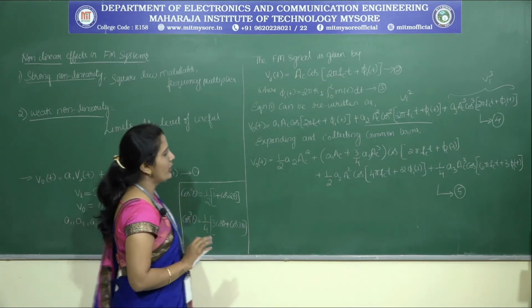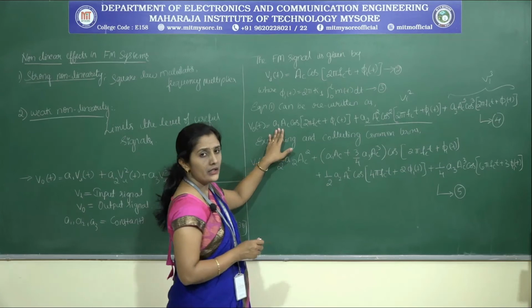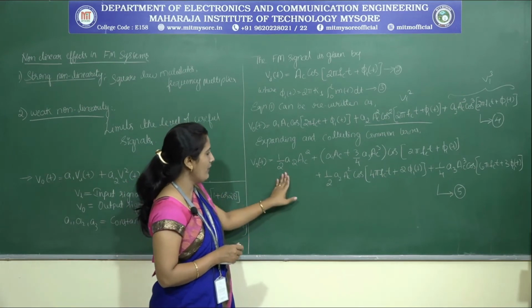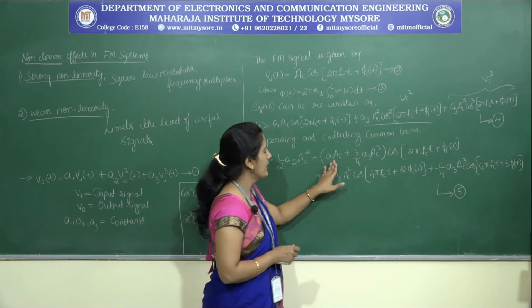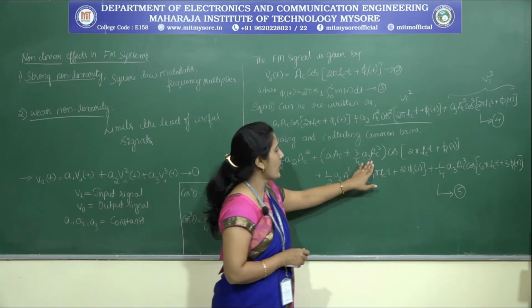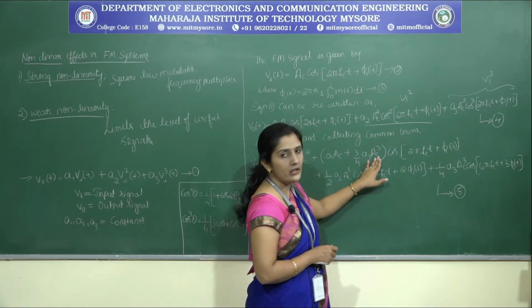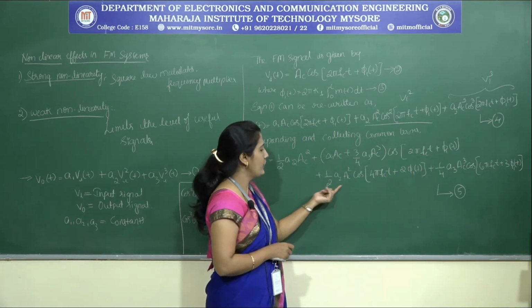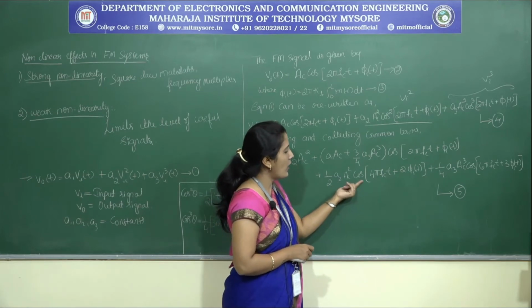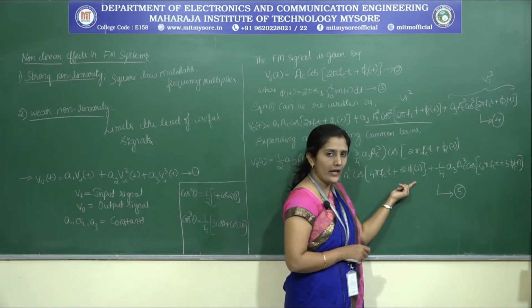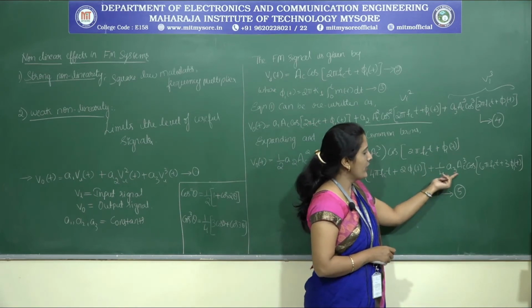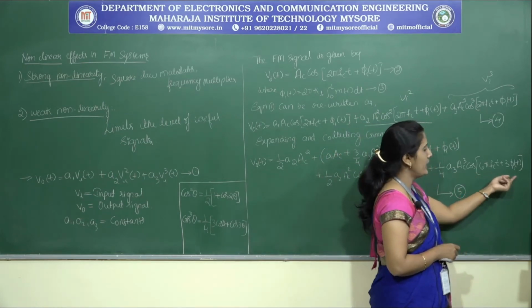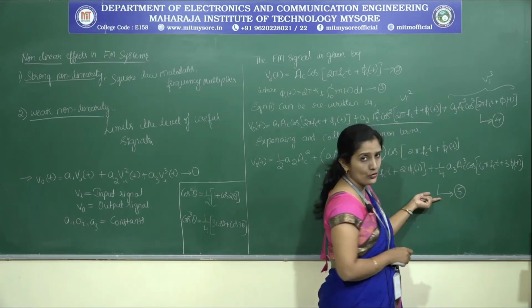Considering these two formulas and putting them in the equation for V naught of t, we get the last equation: V naught of t is equal to half A2 AC square plus A1 AC plus 3 by 4 A3 AC cube into cos of 2 pi fct plus phi 1 of t, plus half A2 AC square cos of 4 pi fct plus 2 phi 1 of t, plus 1 by 4 A3 AC cube cos of 6 pi fct plus 3 phi 1 of t. Let us consider this as equation number 5.